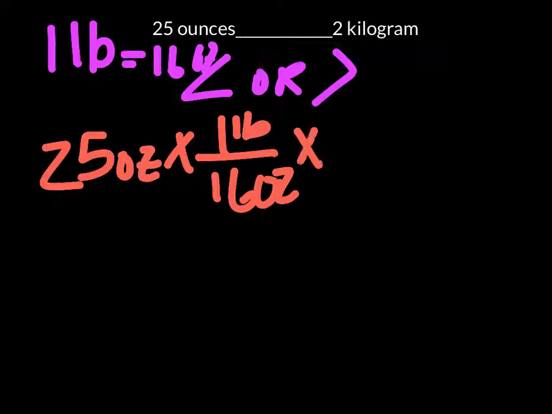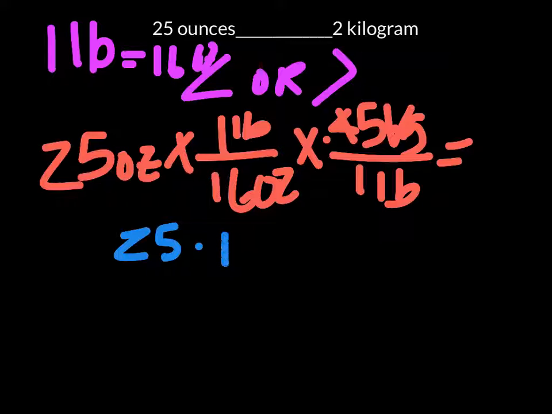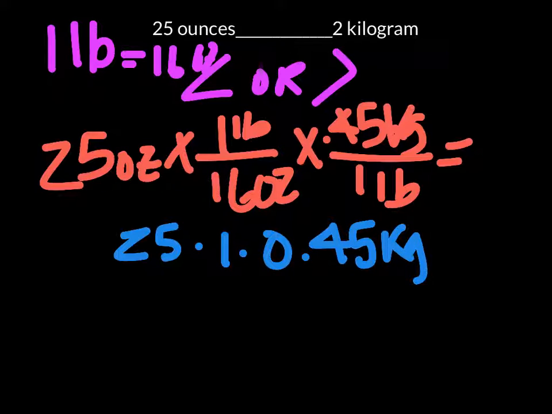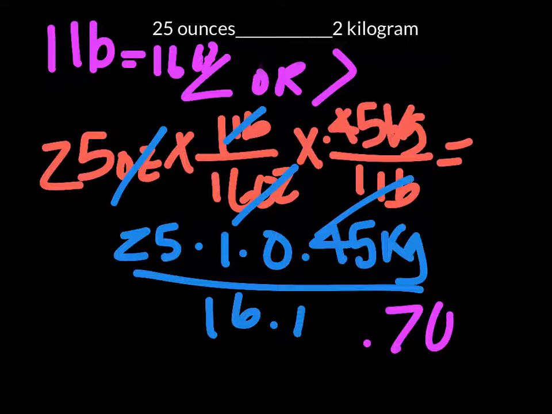Then we're going to multiply that by 0.45 kilograms over 1 pound. After all of that, what we're going to get is 25 times 1 times 0.45 kilograms, because ounces cancel ounces, pounds cancel pounds, and kilograms is what's left, over 16 times 1. The answer, if you put it into a calculator, is 0.70 kilograms.